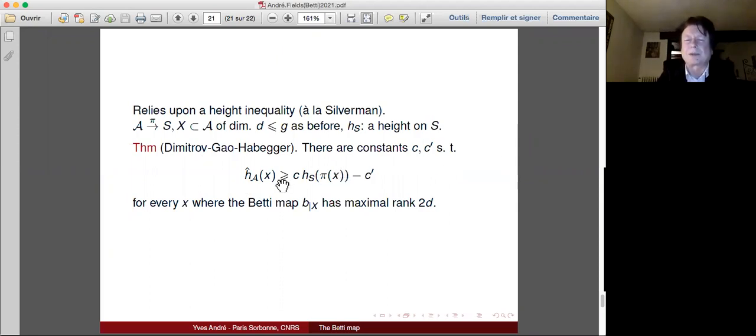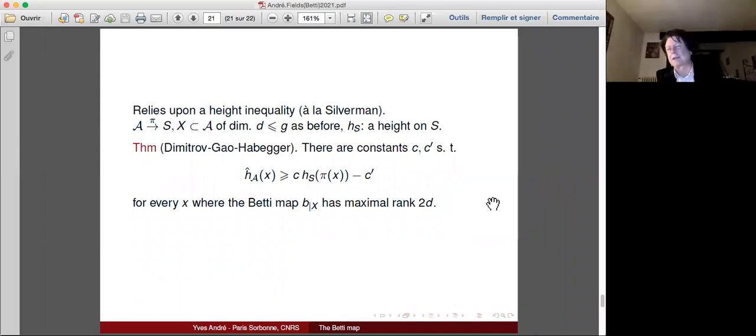There are two positive constants, so that the Néron-Tate height is at least c h_S of the projection of the point x to S, minus c prime. But not everywhere, only for every x where the Betti map has maximal rank. That is, the Betti map restricted to X has maximal rank 2d.